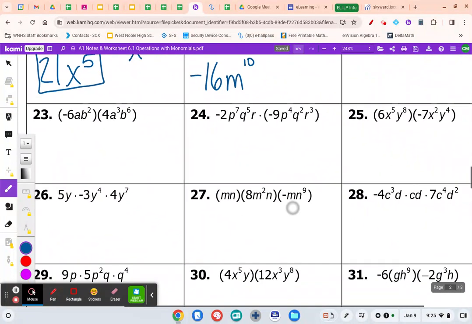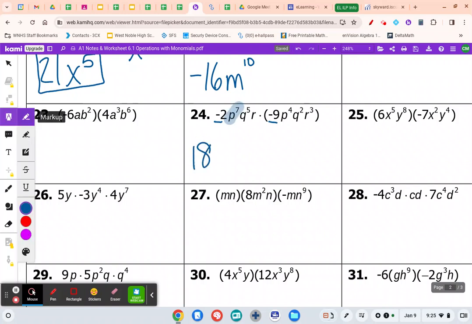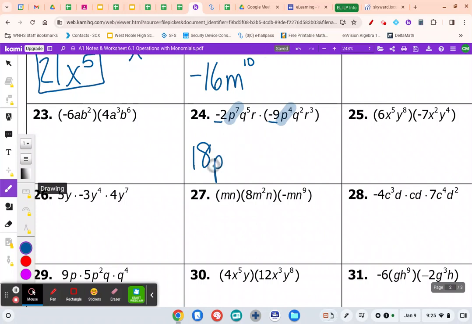Skip down to 24. More things are going on. That's fine. Multiply your numbers. So negative 2 times negative 9 is 18. Use the product rule on your p variable. So we have p to the 11th, because 7 plus 4 is 11.